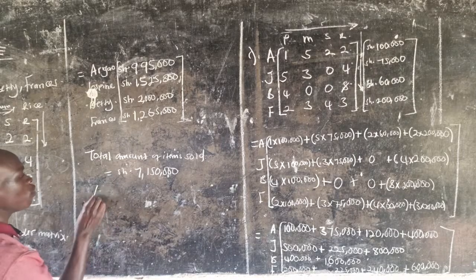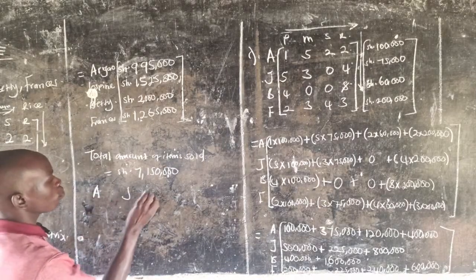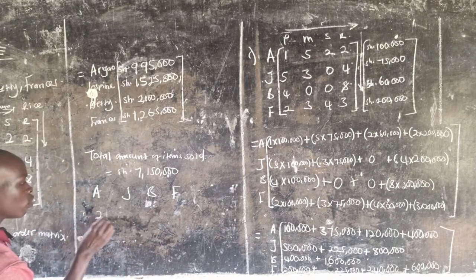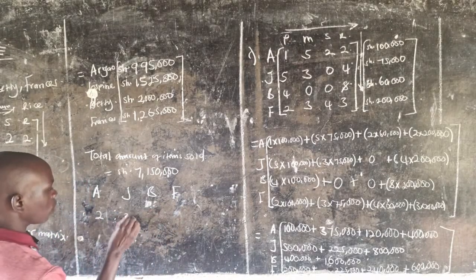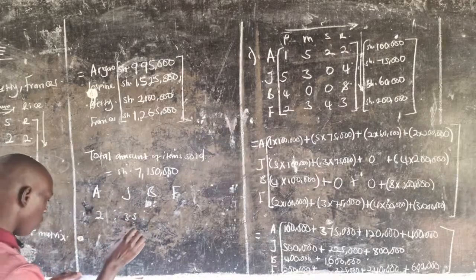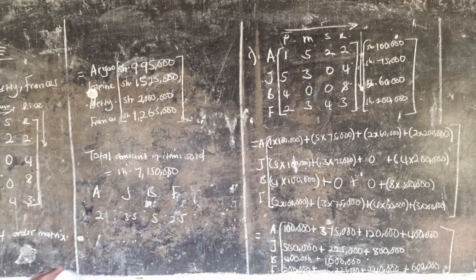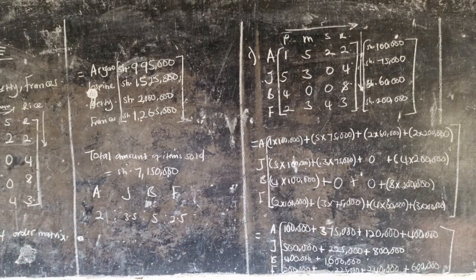So in the ratio, we have Arayo, Josephine, Betty, and Francis. Then the ratio is 2 to 3.5 to 5, then to 2.5. Help the members to determine how much each should take at the end of the business.